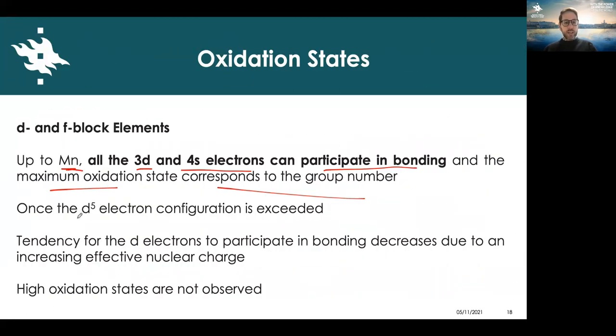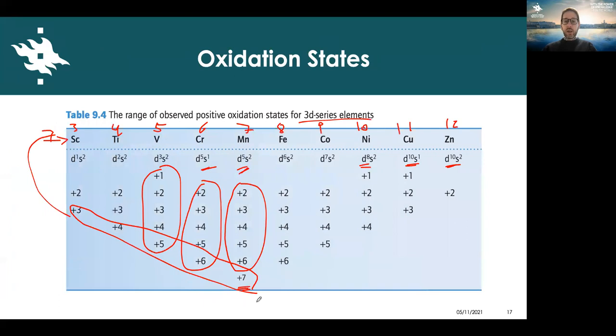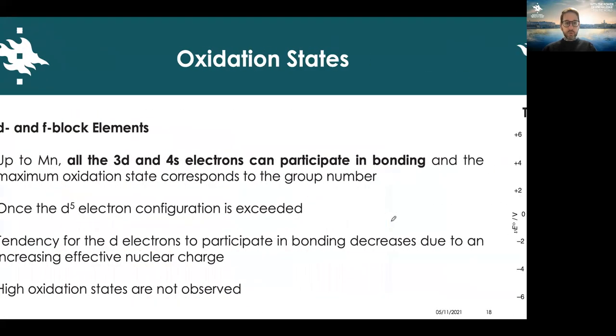After we exceed the 5D electron configuration, the tendency for the d electrons to participate in the bonding decreases, because we have an increase in the effective nuclear charge for the elements. This means that the high oxidation states become less and less favorable, as we can see here, where the higher oxidation states become less and less possible to achieve.